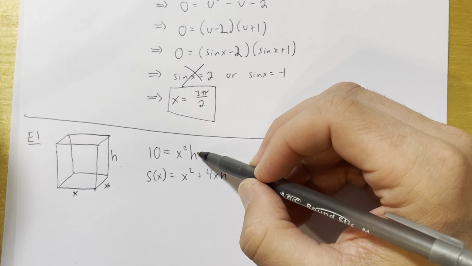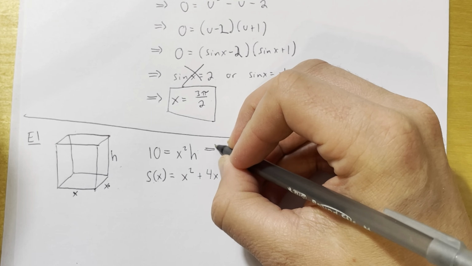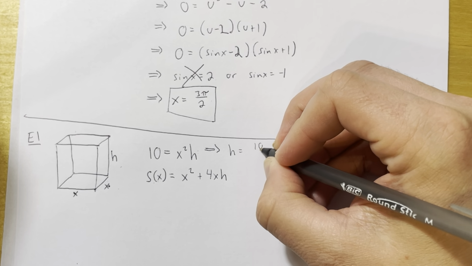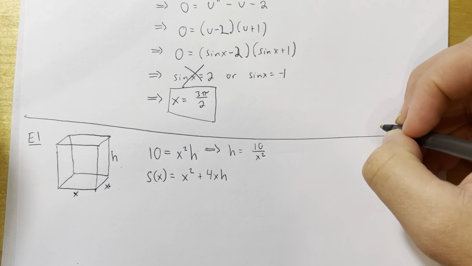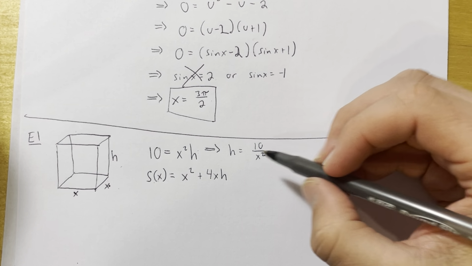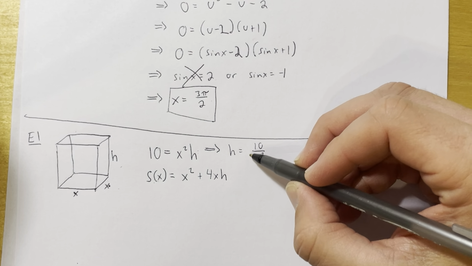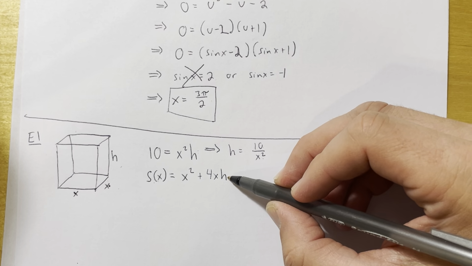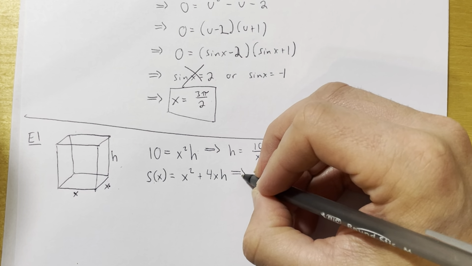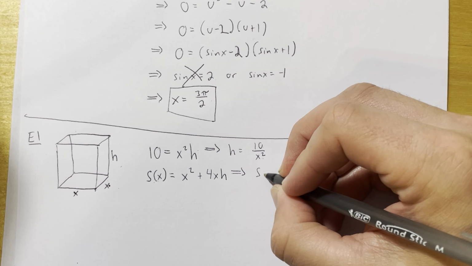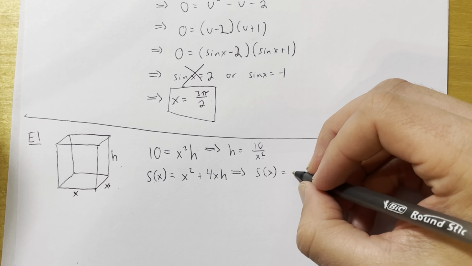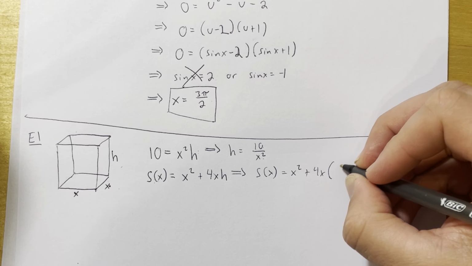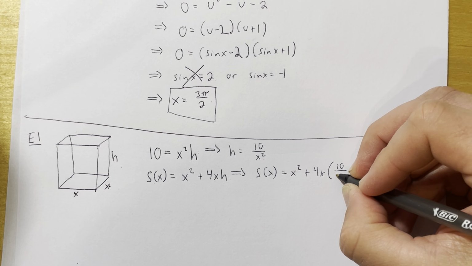Well, notice if I were to solve this for h, I would have h equals 10 over x squared. And what that does is give me an expression in terms of x that I can substitute for this h. So having that now, I can write s of x equals x squared plus 4x times 10 over x squared.